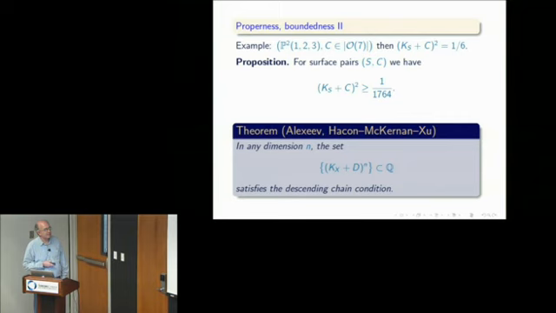I know that this is ample, so its self-intersection is positive. But unfortunately, it is rational. It's a very complicated set, but they prove that it satisfies the descending chain condition. It's not a discrete set, but it has no infinitely descending subset.